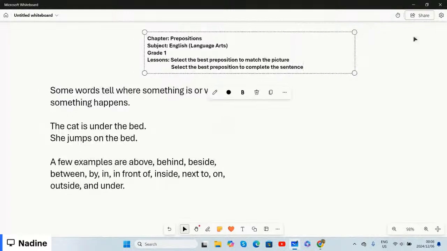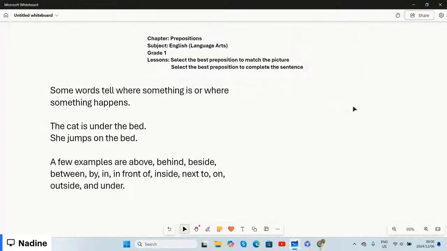All right. So our chapter is prepositions. Our subject is English Language Arts. We're doing grade 1.